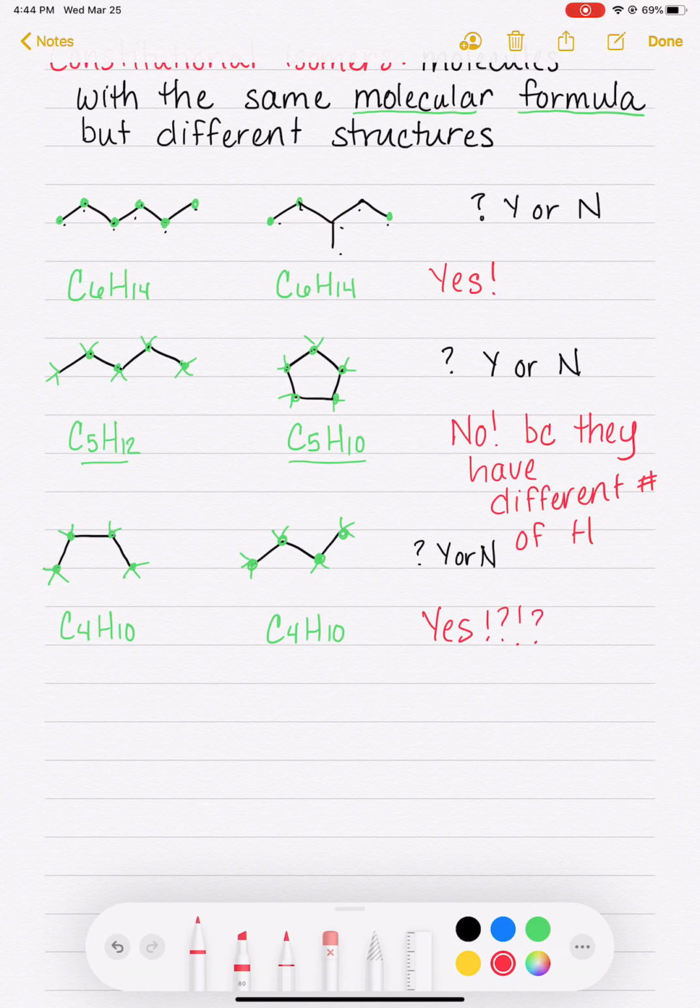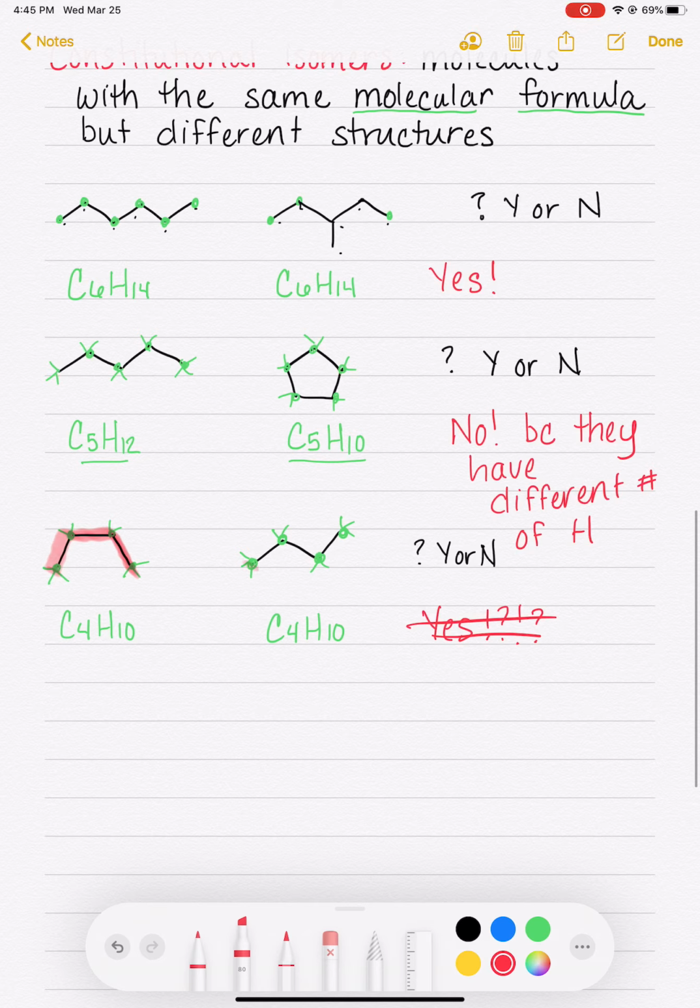Not necessarily. In order to be constitutional isomers, they have to have the same molecular formula, but they also have to have different structures. So let's look at the structures of these guys. The first one is a CH3, followed by a CH2, followed by a CH2, followed by a CH3. The second one is a CH3, followed by a CH2, followed by a CH2, followed by a CH3.